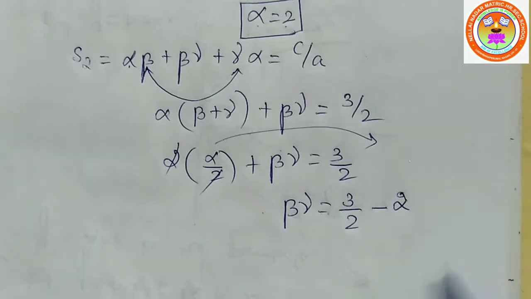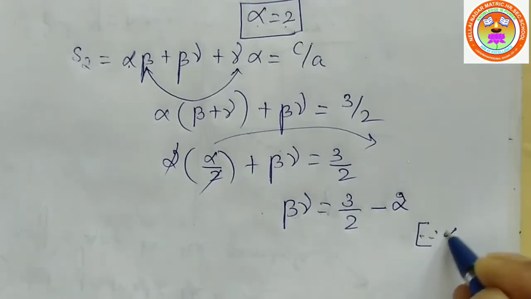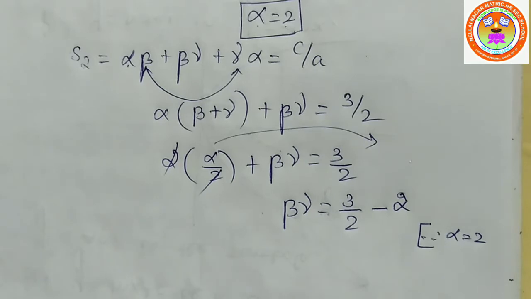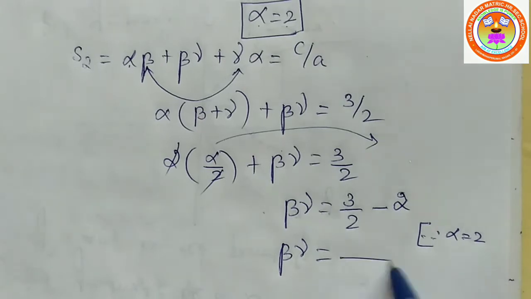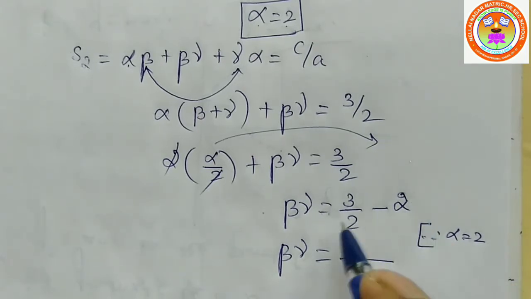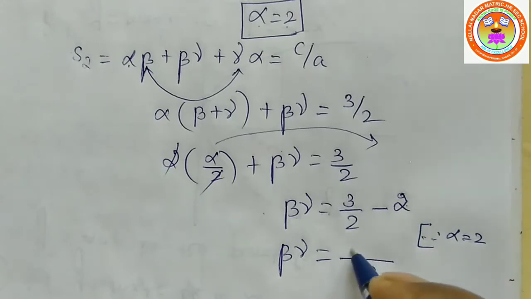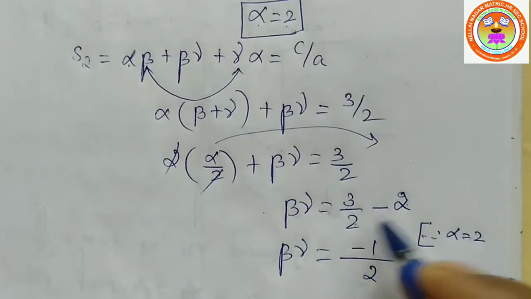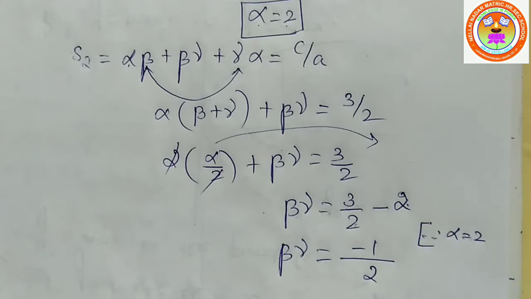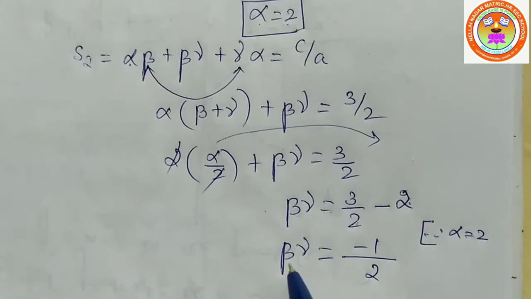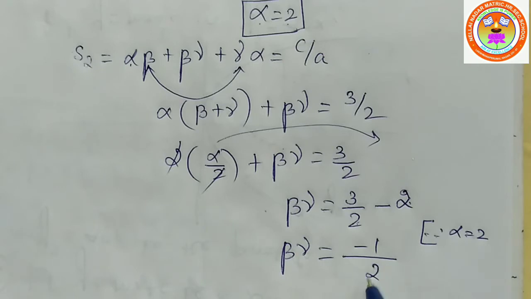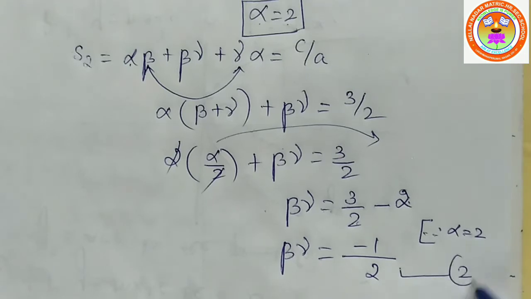Since alpha is equal to 2, beta gamma is equal to, taking LCM 2, 2 2s are 4, 3 minus 4 is minus 1. So beta gamma is equal to minus 1 by 2. Let it be equation 2.